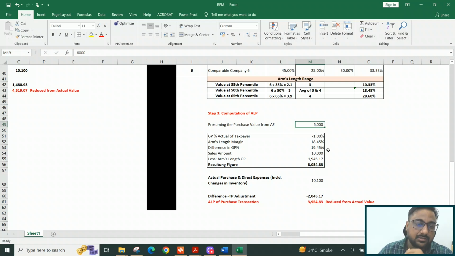Then after the GP percent, that is 1% of the taxpayer, and then the arm's length margin, which is 18.45%, we will follow that particular provision and arrive at an arm's length price which is 3954, reduced from 6,000 to 3954. There will be an adjustment of 2,000 rupees in that arm's length price, and the purchase price will be reduced from the profit and loss account, and the gross margin shall be recomputed and will come to 18.45%.